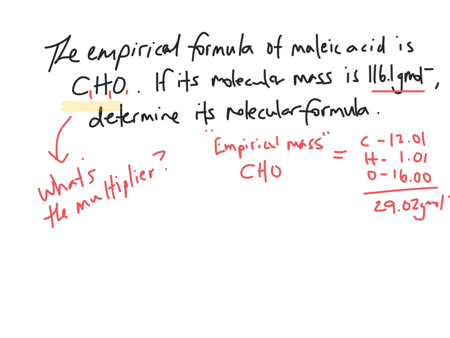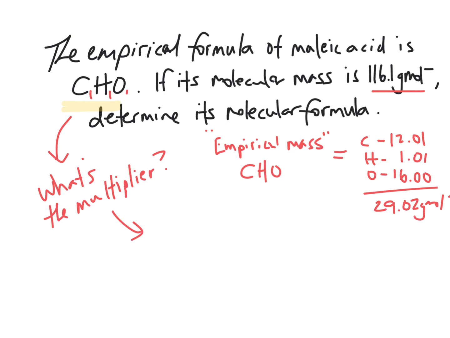Okay, so to figure out what the multiplier is, we're going to take that empirical mass, EM, just making up a short form, not an official symbol, and put it underneath.